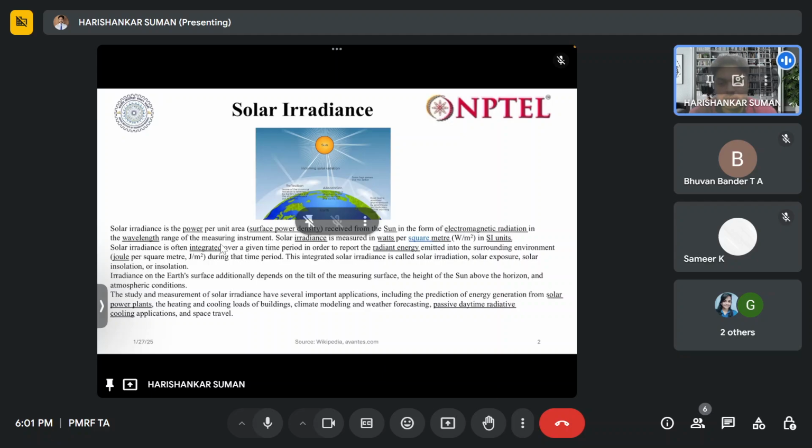Solar irradiance is power per unit area, power per unit area received from the sun in the form of electromagnetic radiation. The unit of this is watt per meter square. Also other units you can see. And irradiance at the earth's surface additionally depends on what factors, you can see one by one.